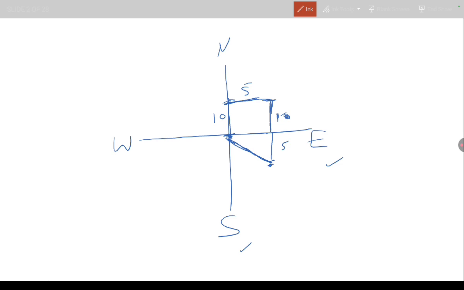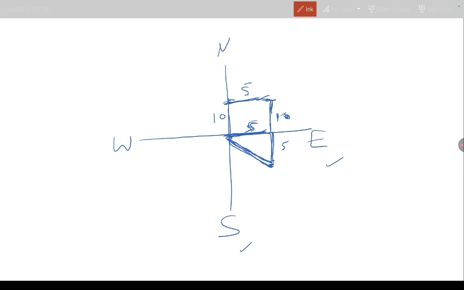Whenever there is a right angle triangle, you have to use the Pythagoras theorem. If this side is 5 kilometer, this side will also be 5 kilometer because this line is parallel to this, so it's also 5 kilometer. These two lines are parallel, so this will be 5.